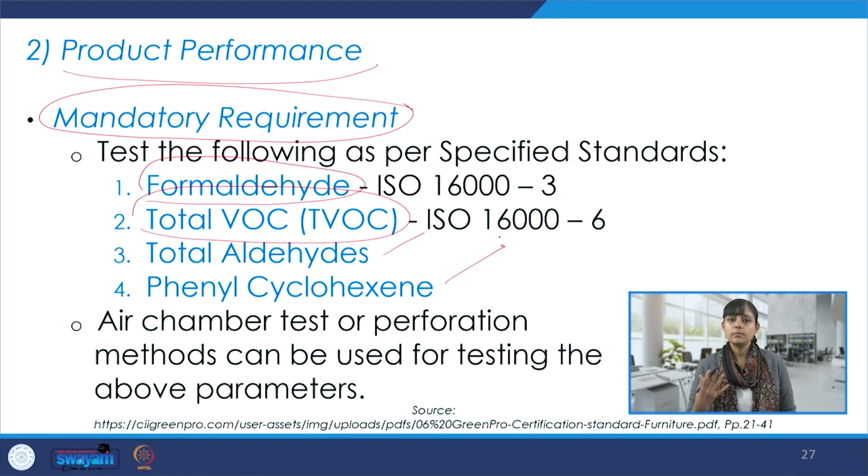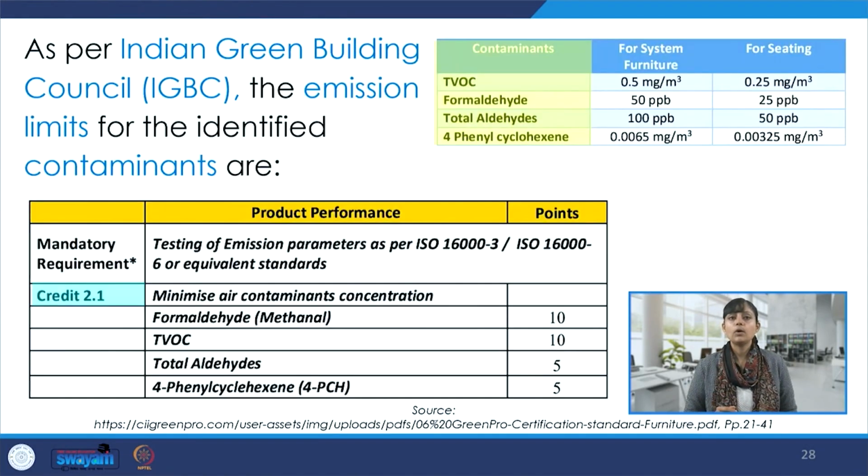So there is air chamber test or perforation methods. We could use them for testing the above parameters. And we have to, of course, achieve a certain product performance based on these standards that have been set. Now, as per the IGBC, the Indian Green Building Council, the emission limits for the identified contaminants are also given for us to refer to.